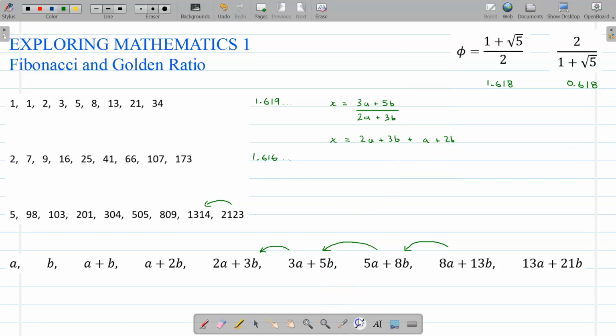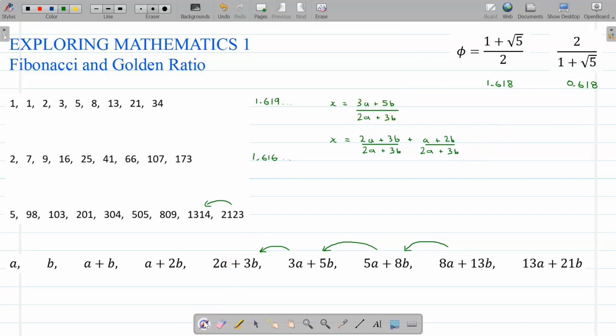What I've done is split it into 2 fractions which both have the same denominator of 2a plus 3b. If I did this in reverse and took those 2 fractions and added them together, I would get back to this one here.